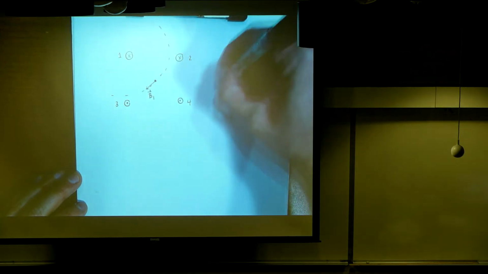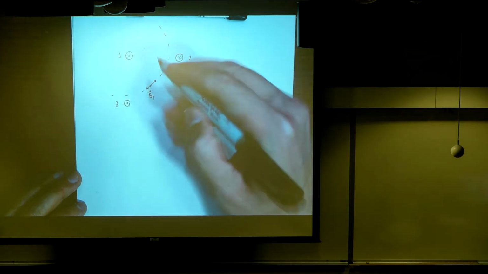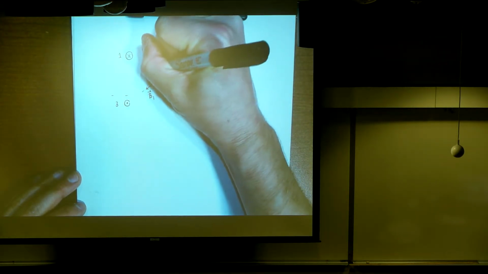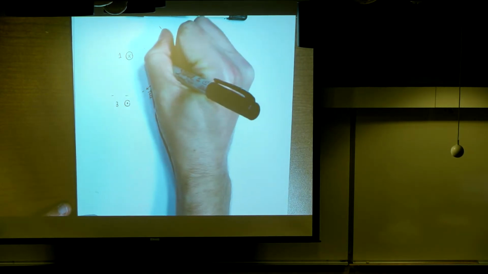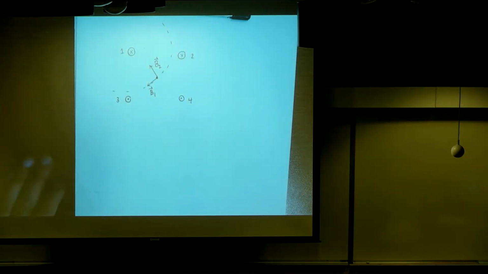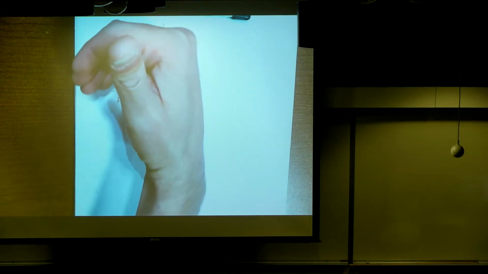For my B2, again, imagine a loop going around that wire, and it's circulating this way by the right-hand rule. So this one at the point in question is going like this, which is up and to the left. We do B3, again, current's coming out of the page, so our loop circulates around the wire this way.